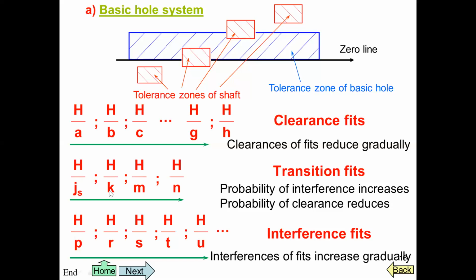If we move to the second one, S over K, the probability of interference and clearance may be the same.